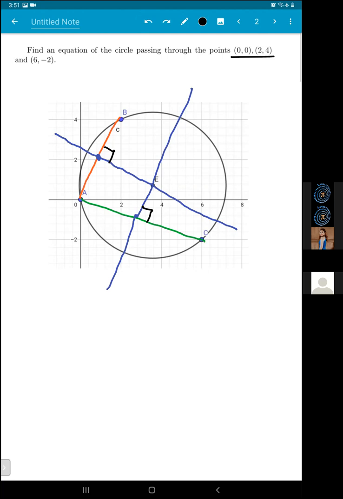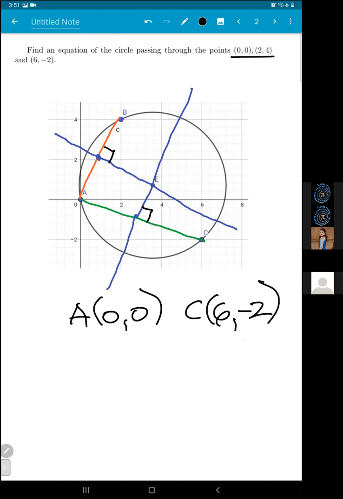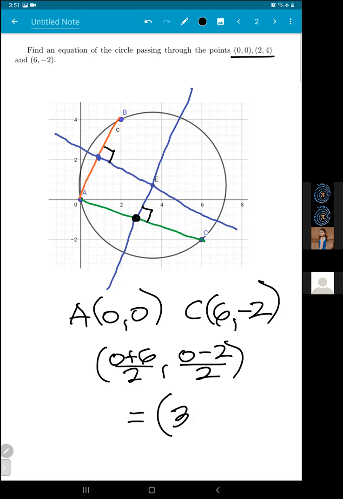So AC, this time AC, with coordinates 0, 0, and 6, negative 2. Get the midpoint of that. So we have 3, negative 1.